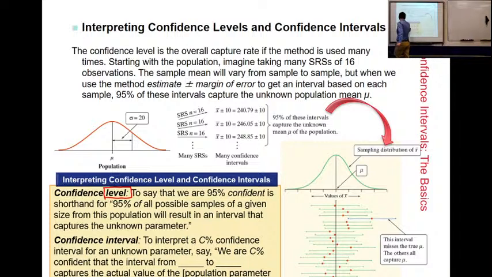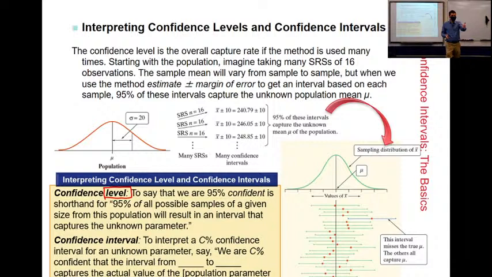And so the important part of this bottom interpretation is that it needs to include the percentage. So a phrase like, we are 95% confident, or we are 90% confident. That phrase needs to be included. You have to have the interval, so my lower and higher values of my estimate. And then you need to say that we're estimating the population parameter and give whatever that is in context.